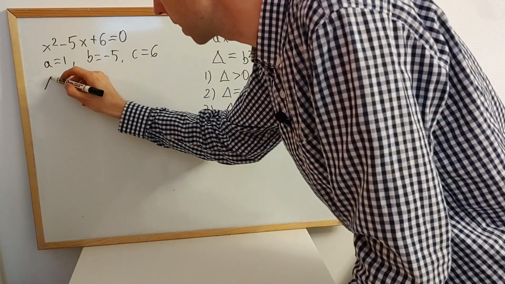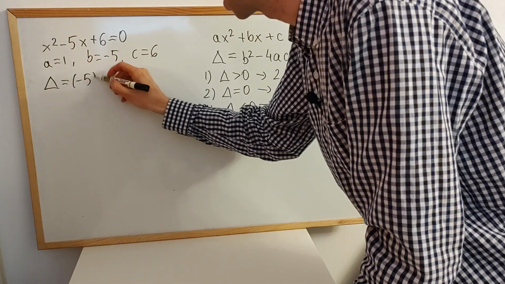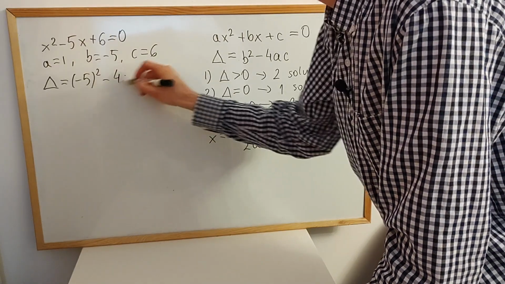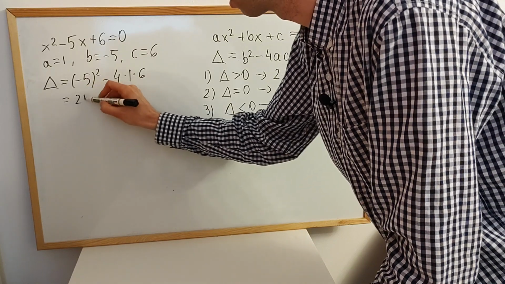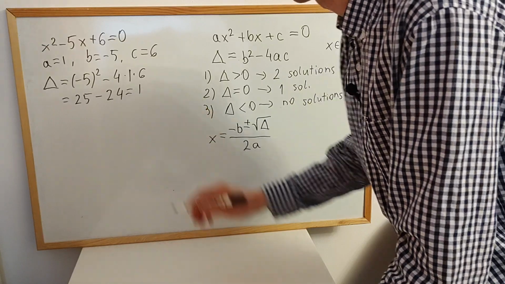So in our case, delta would be minus 5 squared, minus 4 times 1 times 6. So that's 25 minus 24, so that's 1.